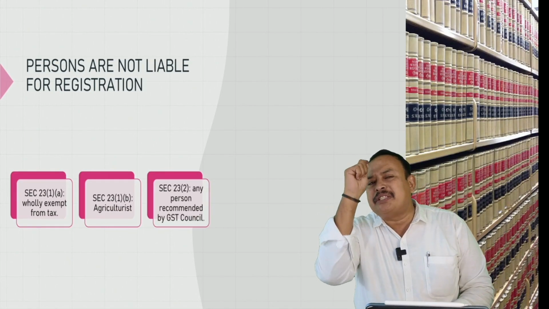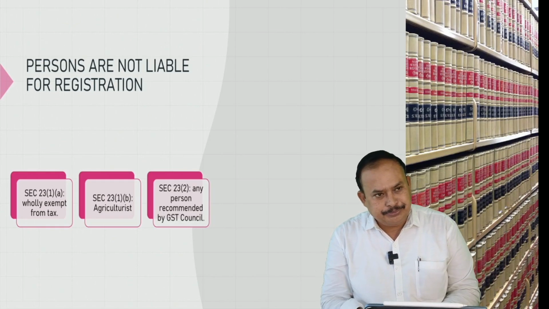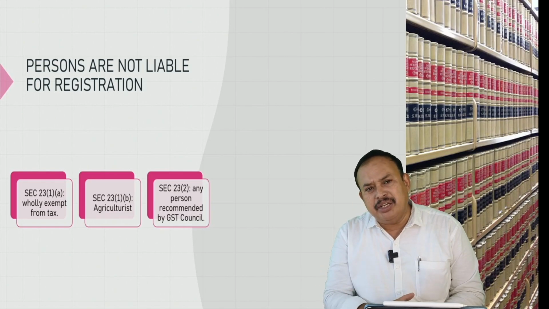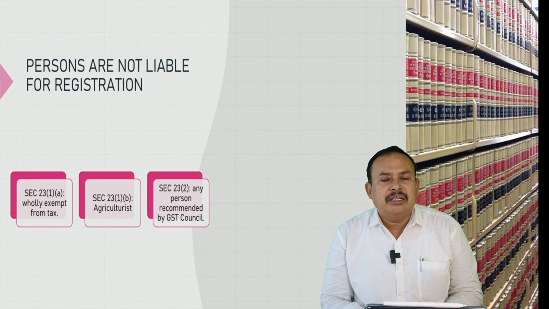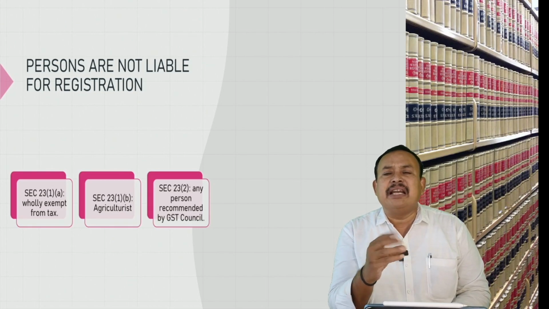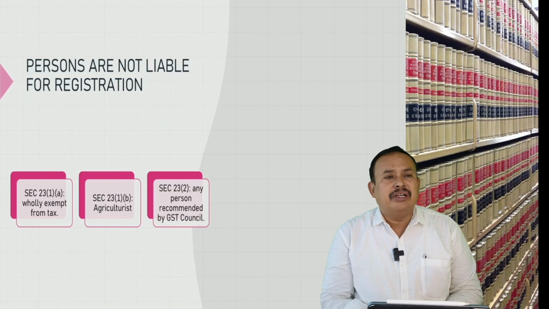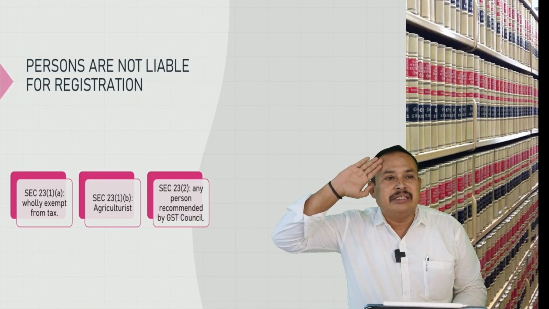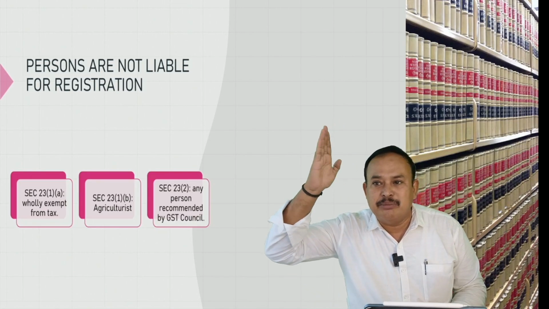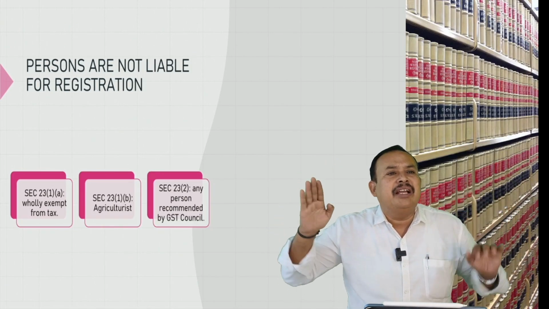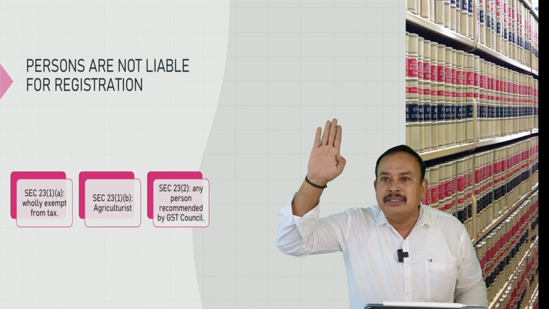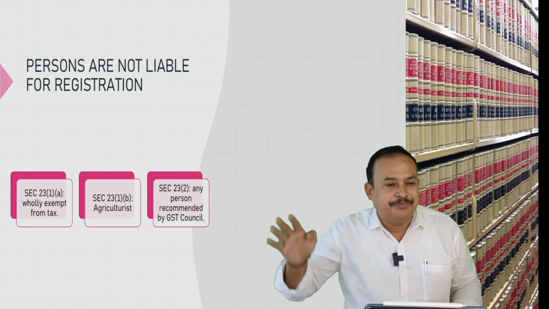Now, what is absolute exemption? I will tell you practically, and you will understand. Sir, I am the seller of national flags, the Indian national flag. I am selling nothing else. I am a seller of only our Indian Tiranga, the national flag.